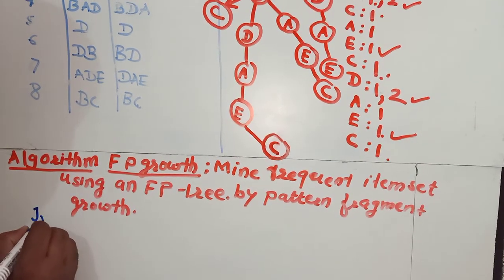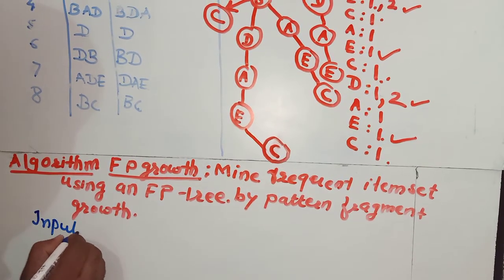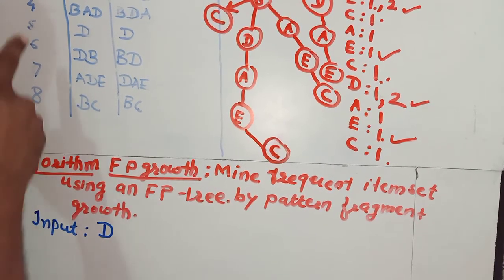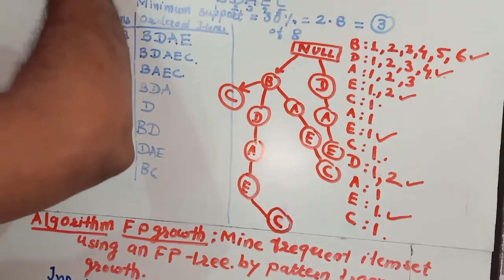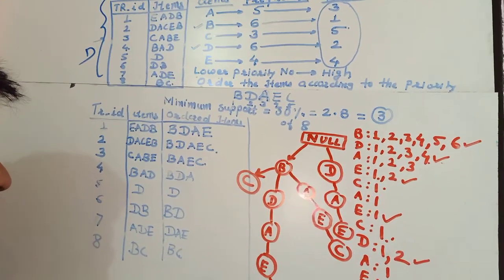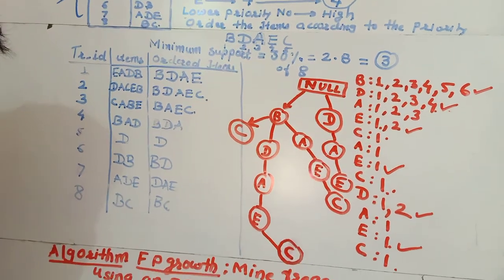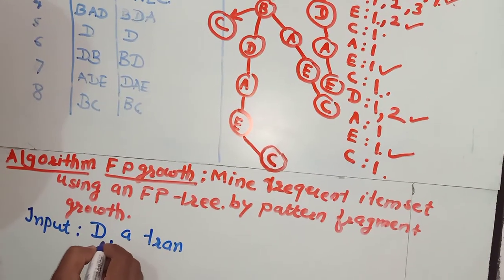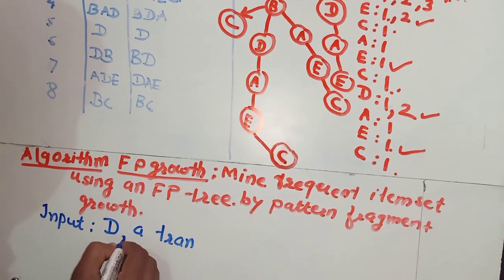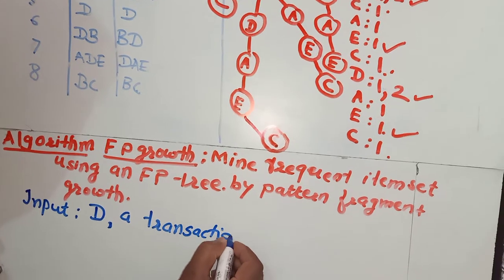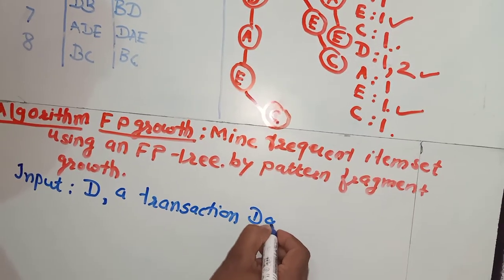Input for this is a data set D, a transaction database. D is a transaction database.